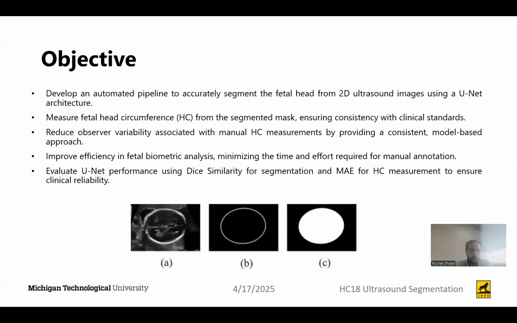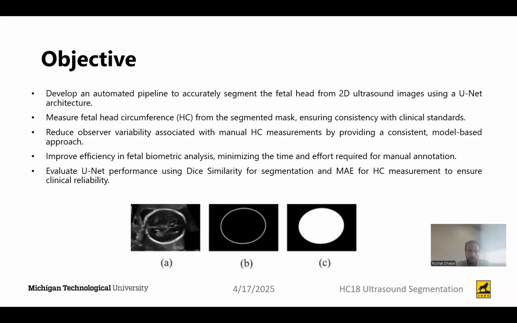Talking about the objectives, the objective of this project is to develop an automated pipeline that accurately segments the fetal head from 2D ultrasound images using the UNET model architecture and also measures the head circumference from there. Reduce the intra and inter observer variability and give a consistent model-based approach.